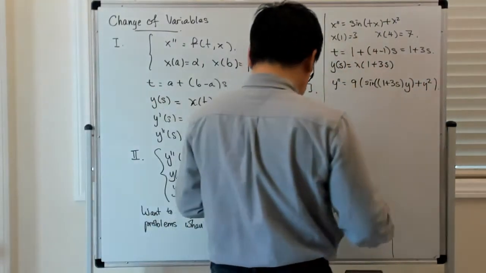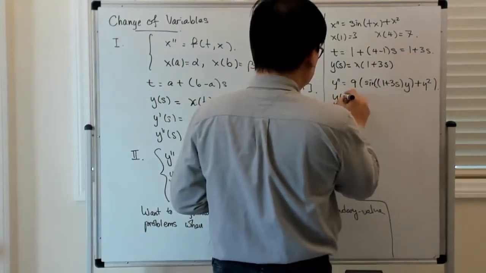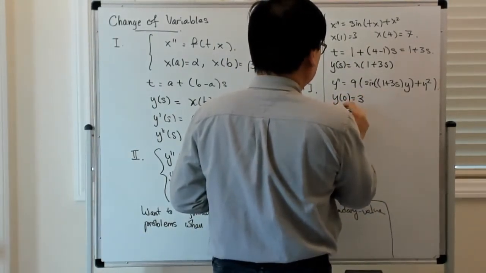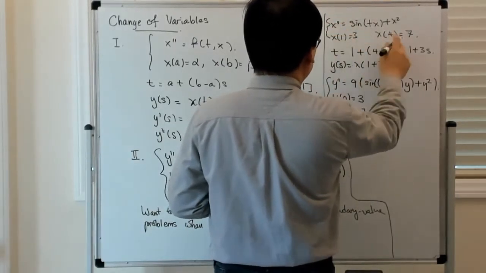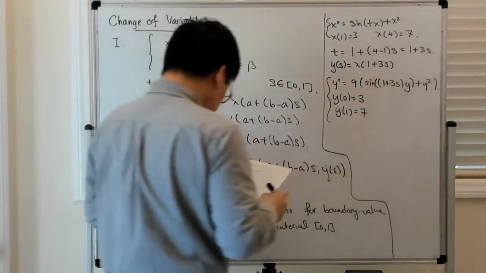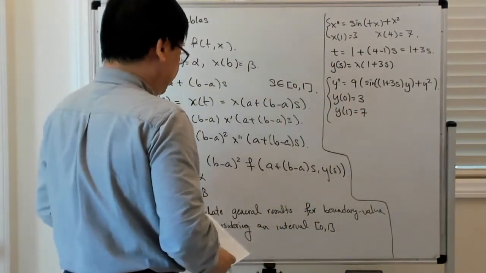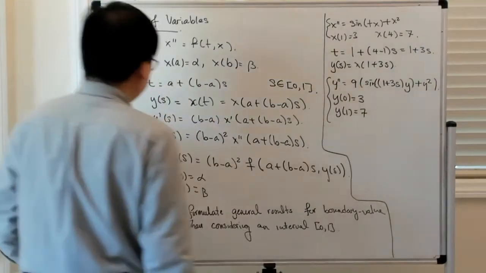Okay. And then y at 0 is equal to 3, and y at 1 is equal to 7. So this boundary value problem got rewritten as this boundary value problem. Okay. So that's where we're at right now.